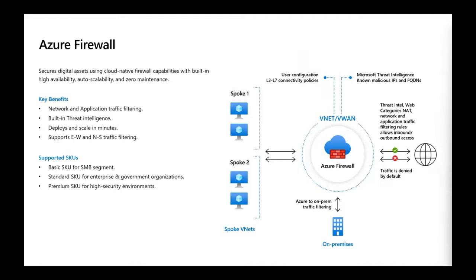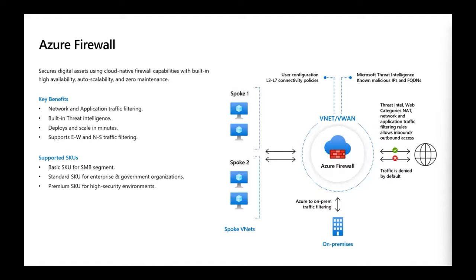The key benefits of the Azure Firewall is network and application traffic filtering for incoming and outgoing traffic. Azure Firewall allows you to create and enforce rules for traffic filtering based on many criteria, such as source and destination IP addresses, ports, and protocols.